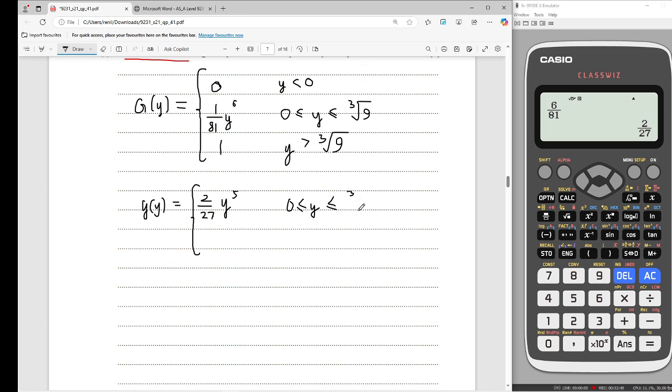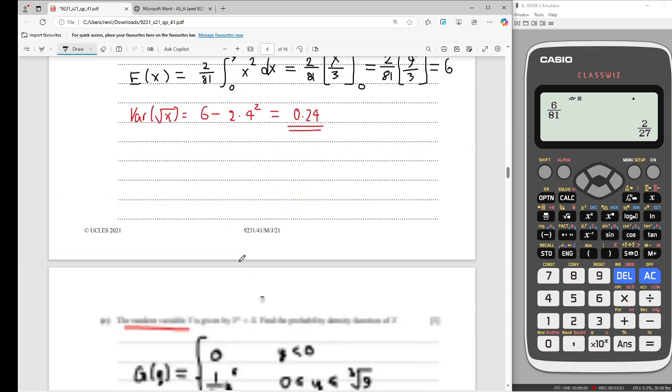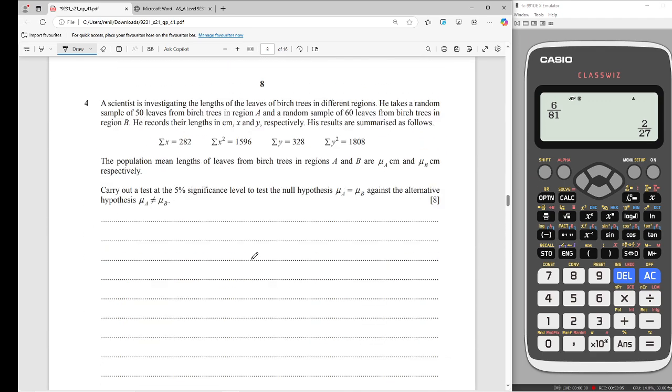It doesn't really matter. They won't assess you based on the PDF, they only assess you based on the CDF. And over here we write 0 otherwise. That is pretty much all for continuous random variables.